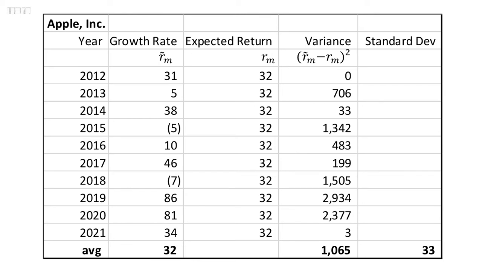Okay, and we get 1,065 for our variance. The units of variance are the same as the units of the growth rate squared. So if the growth rate is in percent, then variance is in percent squared. I then convert variance to standard deviation by taking the square root. So the units on the standard deviation, which is 33%, is percent, the same units as my growth rate.